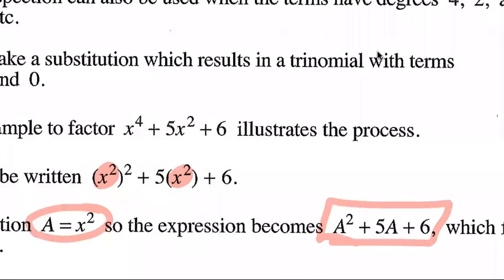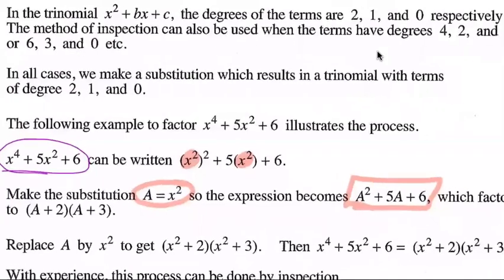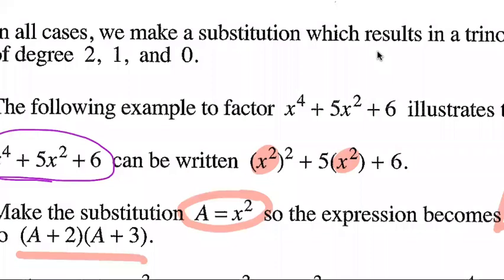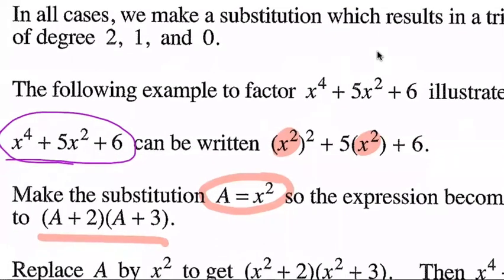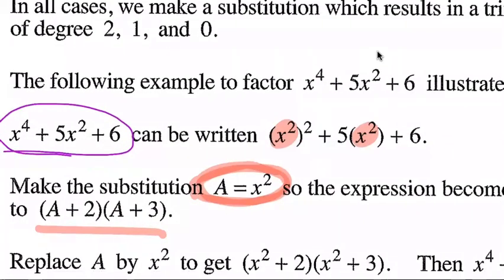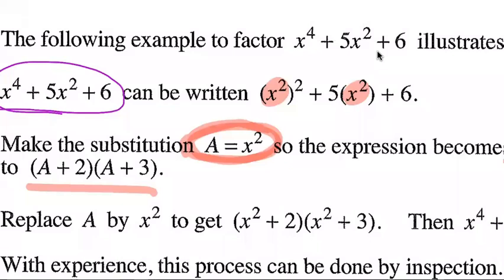So then you would factor that, and it factors to (a plus 2)(a plus 3). But because we did this substitution, we have to put it back in. So now this turns into these, where we change that a back to the x squared.